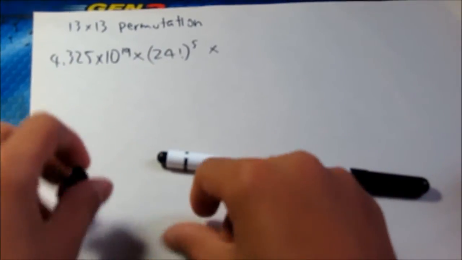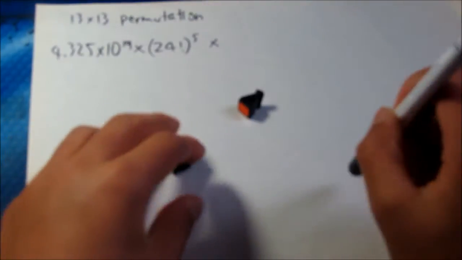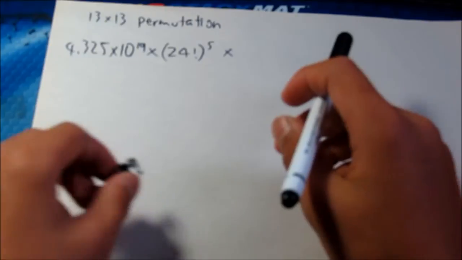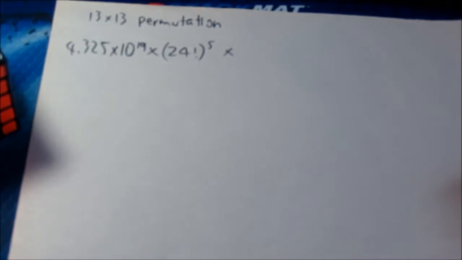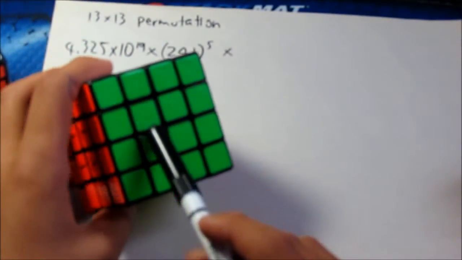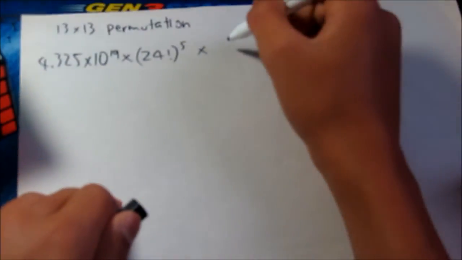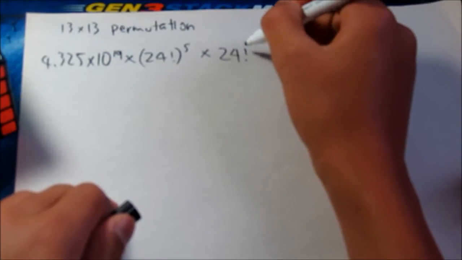So on the 13x13, every type has 4 pieces on each side, like a 4x4. Here's a width 4. There's 4 center pieces on each, so that is 24. If you do 4 times 6, 24 factorial.